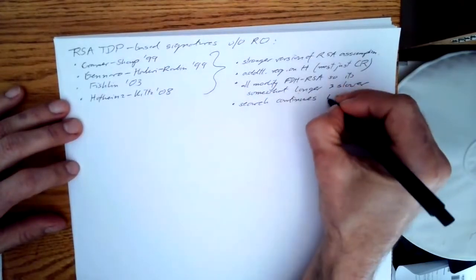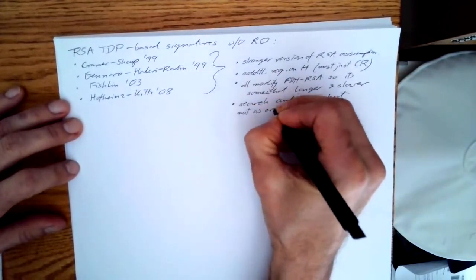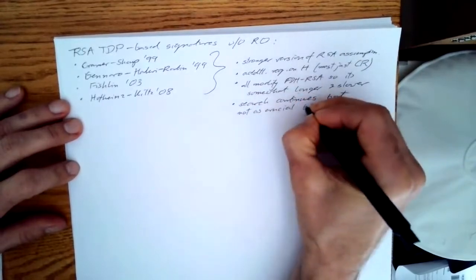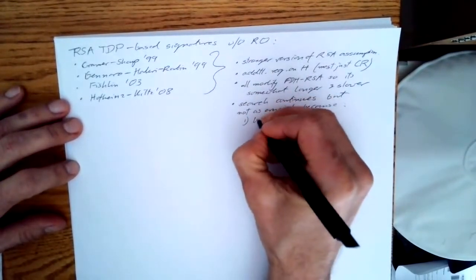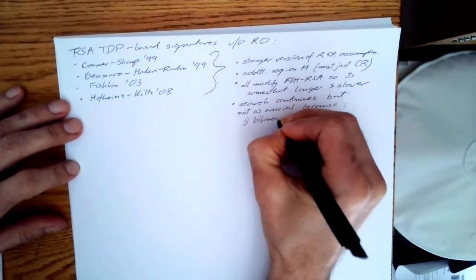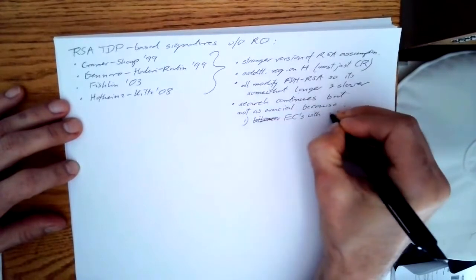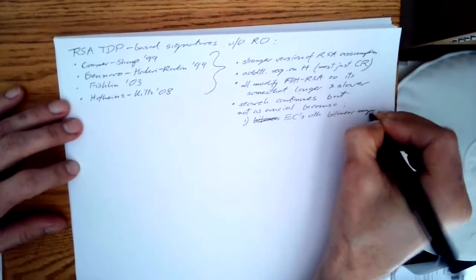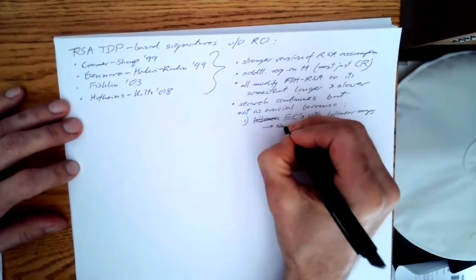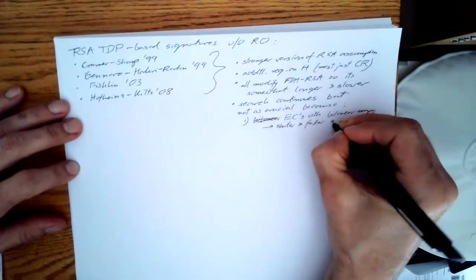But not as crucial, because, first of all, bilinear maps, so elliptic curves with bilinear maps, basically give shorter and faster signatures.